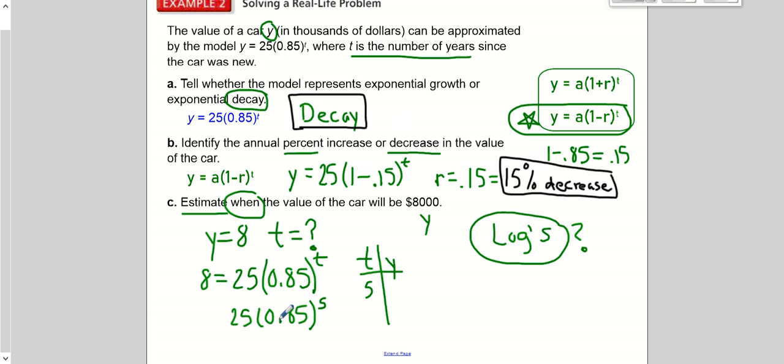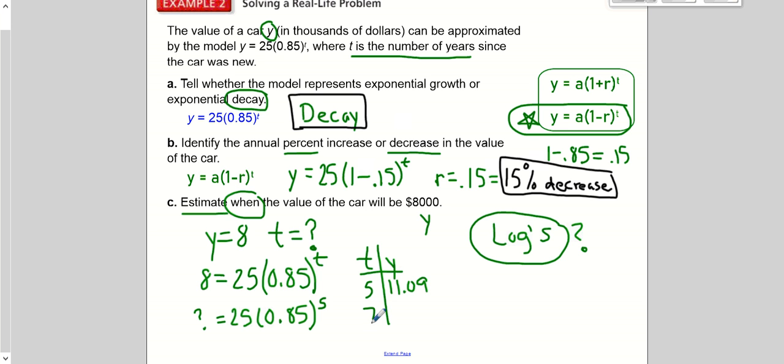So 25 times 0.85, use the little caret, the little up arrow to get your exponent, type in a 5, see what you get. $11.09. Okay, well, we need to get to 8,000. So that was 11. So 6 probably isn't high enough.